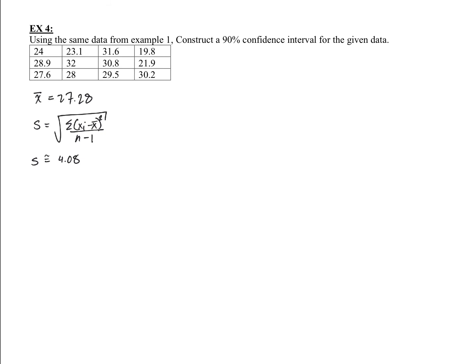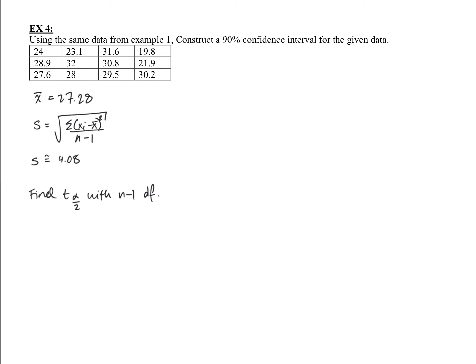Okay, so once we found our mean and our standard deviation, we're going to determine the critical value, t of α/2, with what degree of freedom? Well, n minus 1 degrees of freedom. And you can use df to abbreviate degrees of freedom. That's fine. Let's see. Well, what is t of α/2?